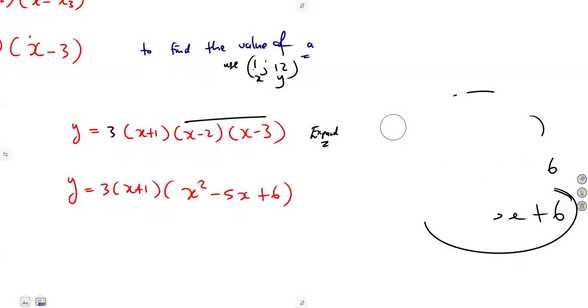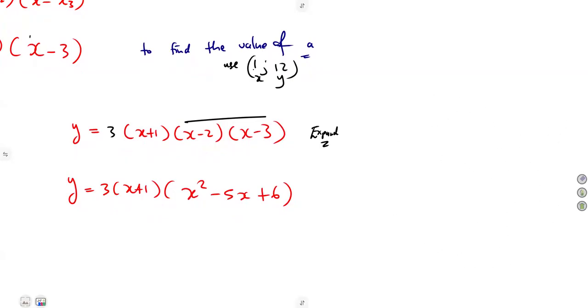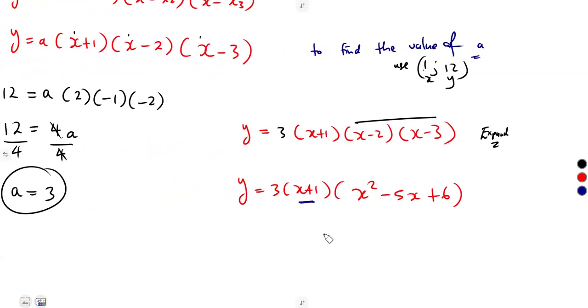Then we have another bracket to consider, the bracket of x plus 1. This x plus 1 is supposed to multiply everything here. So x multiplies x squared, that is going to be x to the exponent of 3. x times -5x is minus 5x squared. x multiplies 6, so it's positive 6x.